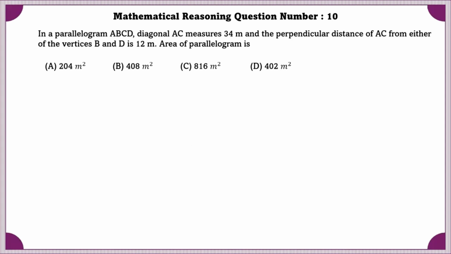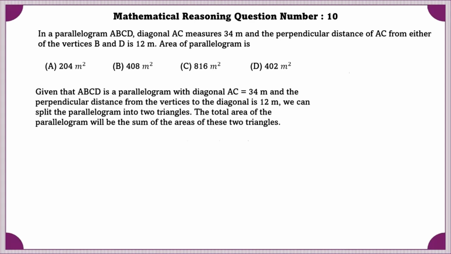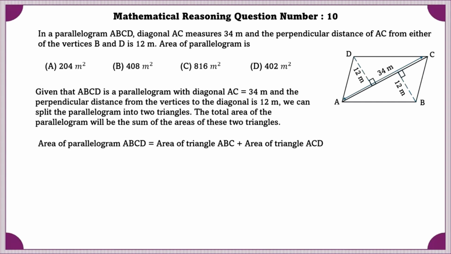Mathematical reasoning question number 10. In a parallelogram ABCD, diagonal AC measures 34 meter and the perpendicular distance from AC to either of the vertices B and D is 12 meters. The area of the parallelogram is... Given that ABCD is a parallelogram with diagonal AC equal to 34 and the perpendicular distance from the vertices to the diagonal equal to 12 meter, we can split the parallelogram into two triangles.